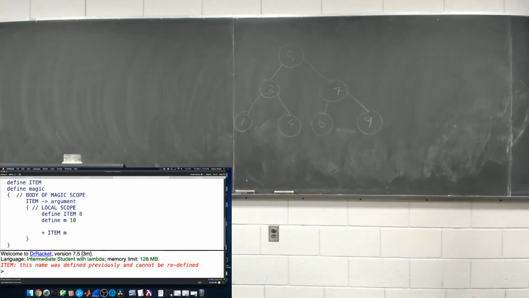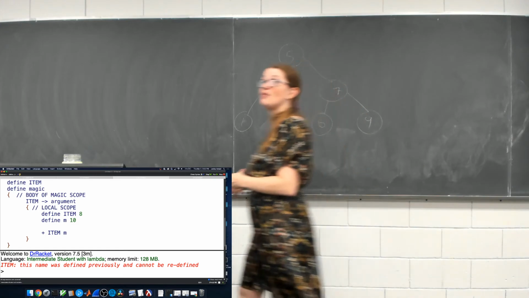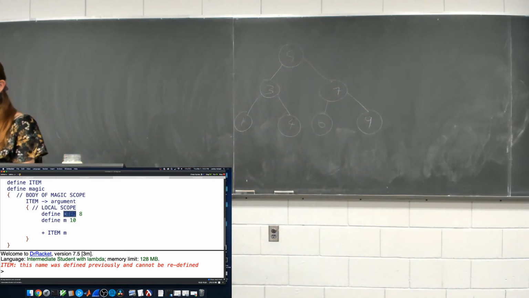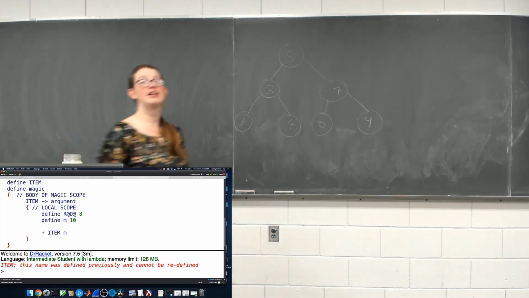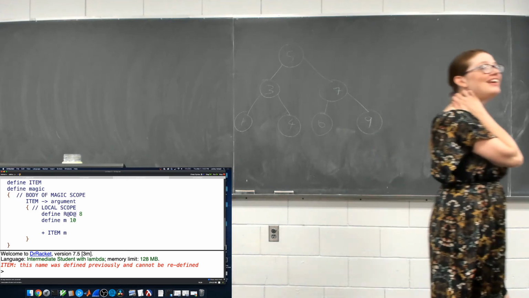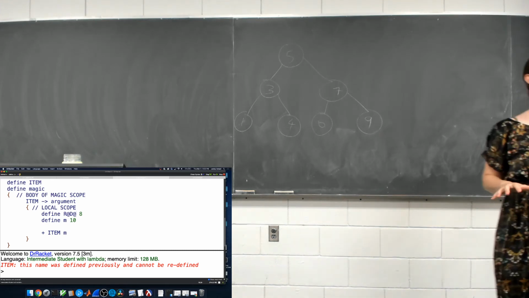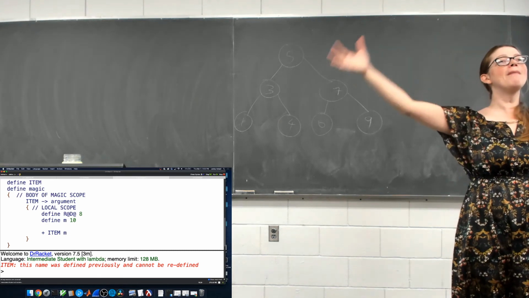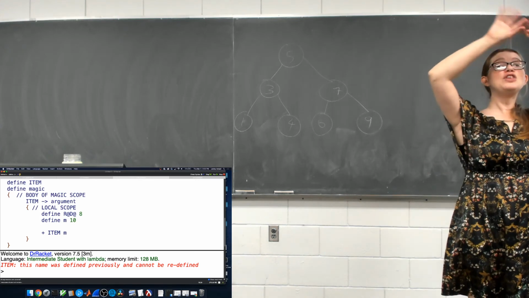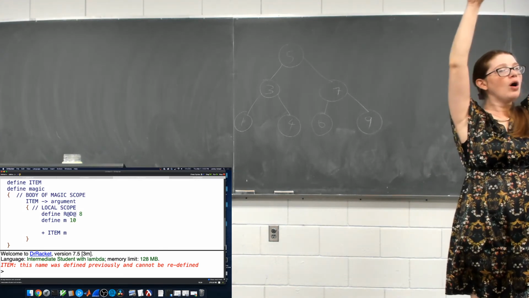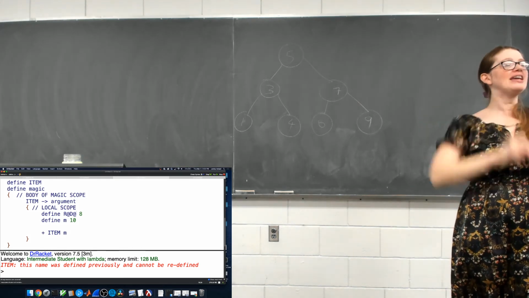Now, let's suppose there was no definition of item in the local scope. So maybe it was, oh, that's technically a valid name, so here we go. So item does not exist in the local scope, but that's not an error, because it exists at the scope above you. If an item is defined at an upper level of scope, then in the inner one it can be used.